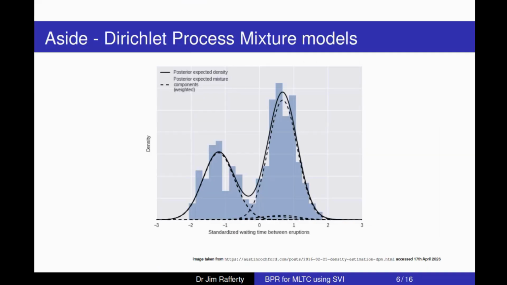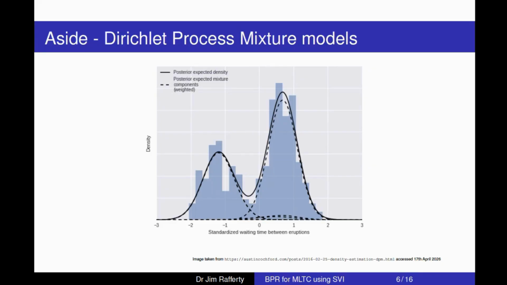So, a brief aside to talk about the clustering model. The clustering model that is used in BPR is called the Dirichlet process mixture model. You may have come across it. I'm just going to briefly describe what a Dirichlet process mixture model is. In this plot, you can see an example of a one-dimensional Gaussian DPMM.